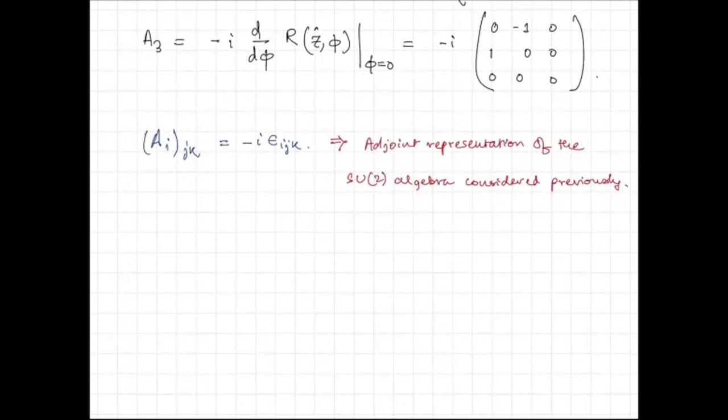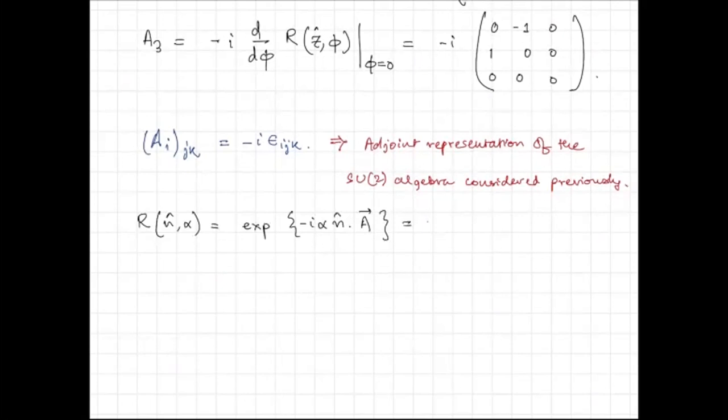Now let's look at this a little bit more. So R n cap of alpha should be just given by the exponential of this generator, so it's i alpha n cap times a vector, which essentially means all the three, A1, A2, and A3.